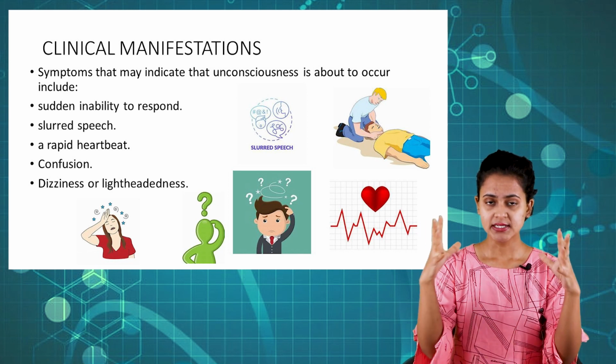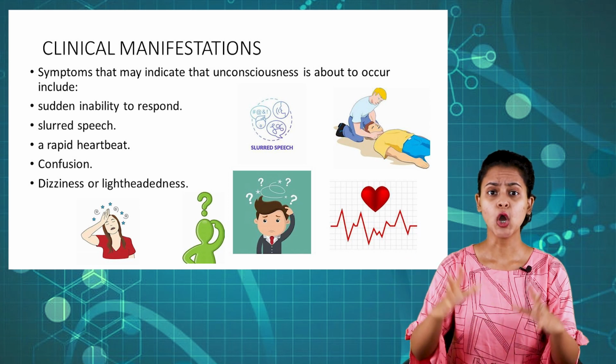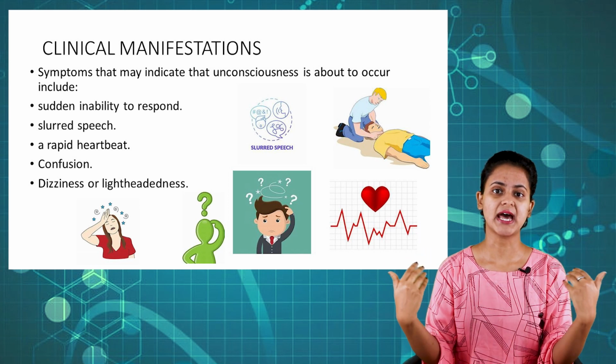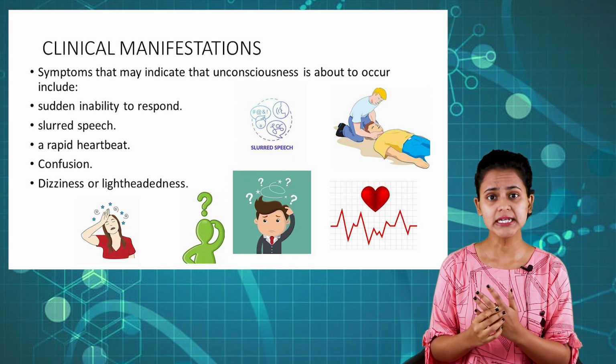So I hope till here you completely understood what we have read about the most common clinical manifestations associated with unconsciousness. Now, definitely the client may have certain other symptoms associated with these conditions as well. Some clients will have difficulty recognizing their own self.